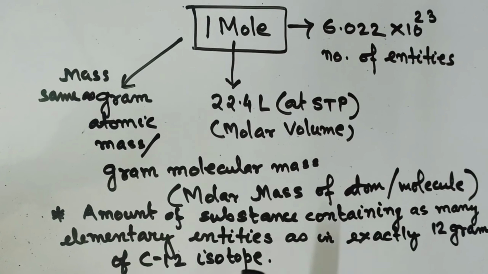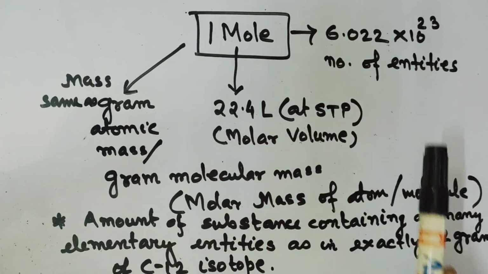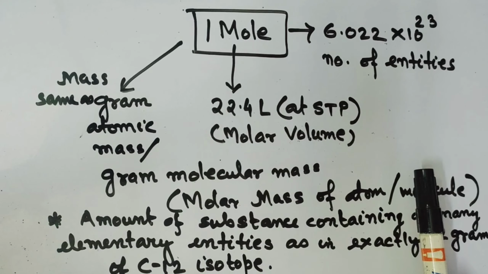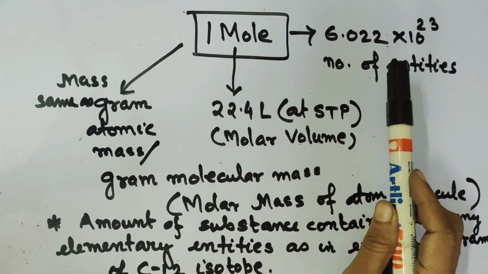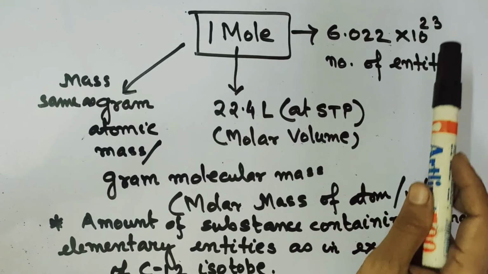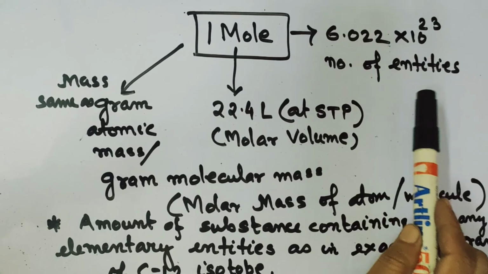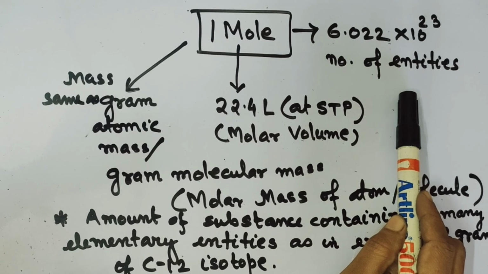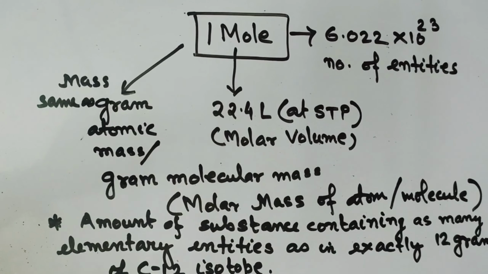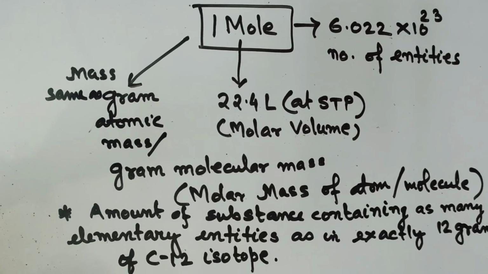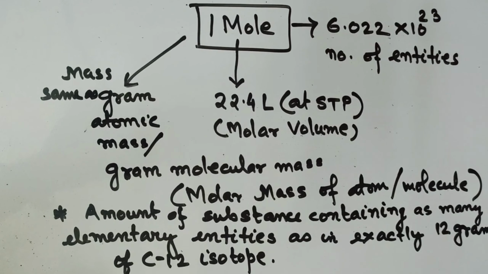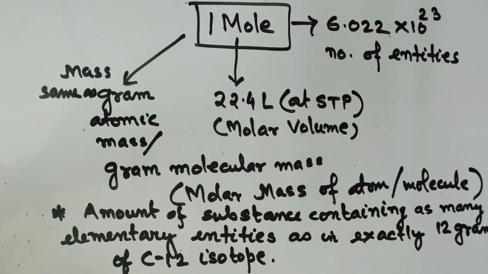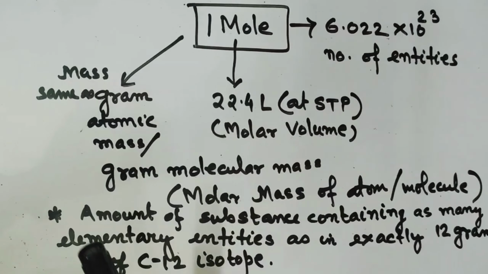We can sum up and say 1 mole of any substance contains 6.022 into 10 to the power of 23 number of that substance or that entity. It can be atoms, molecules or ions. 1 mole of a gas at STP can occupy 22.4 liter of the volume and that corresponds to the molar volume.